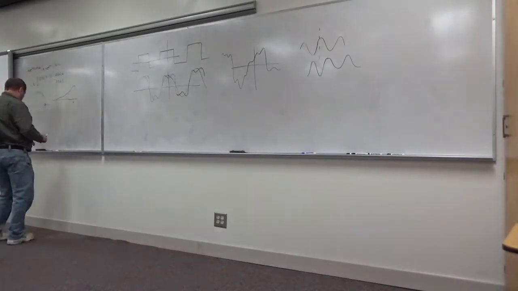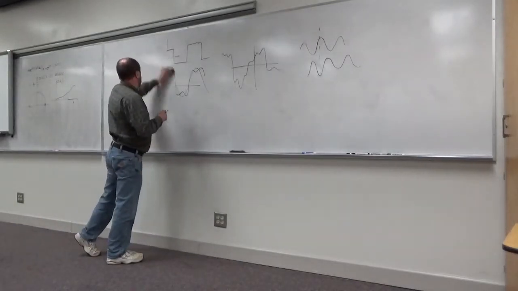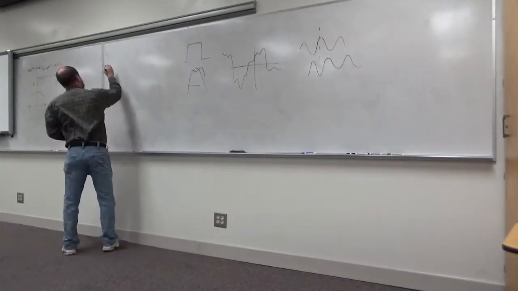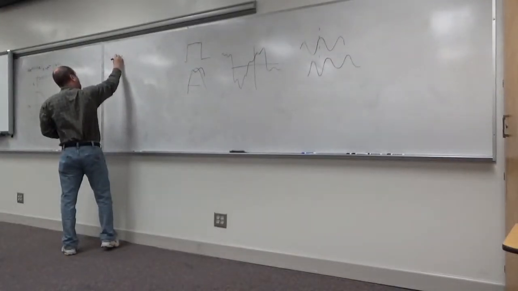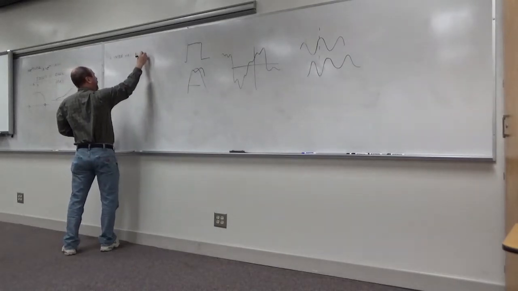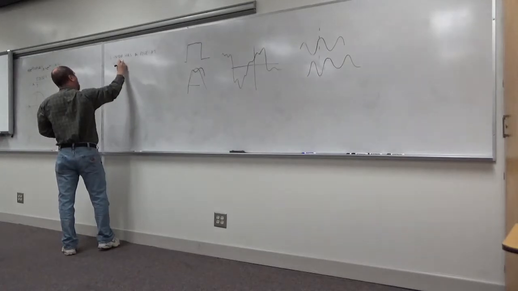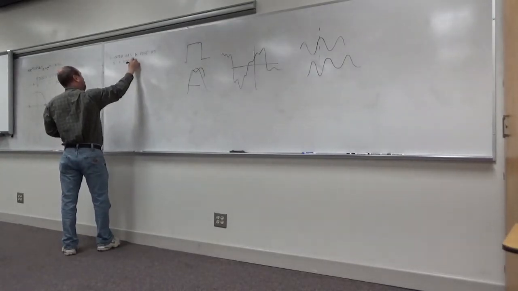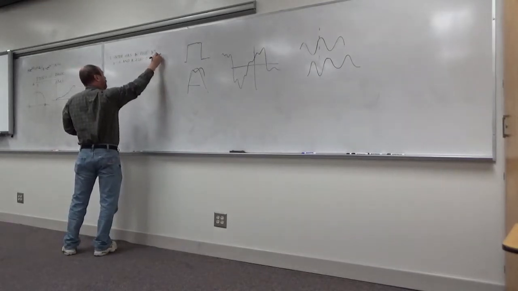Let's say, for example, that I have a system that has a pole, just a single pole, at z equals a, and a 0 at z equals 1 over a.